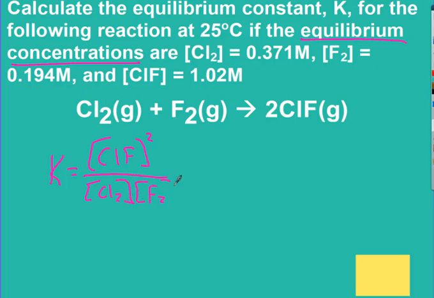So you should have gotten that. The only one that was squared is our product. Now you're going to plug everything into your equilibrium expression and then solve. Restart when you have an answer.